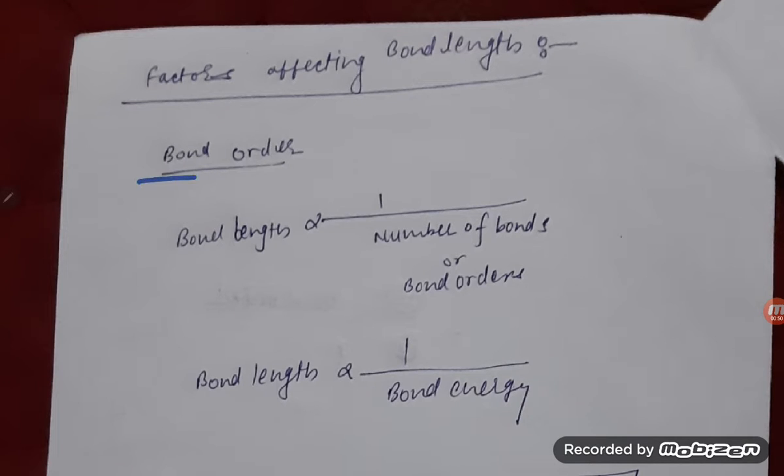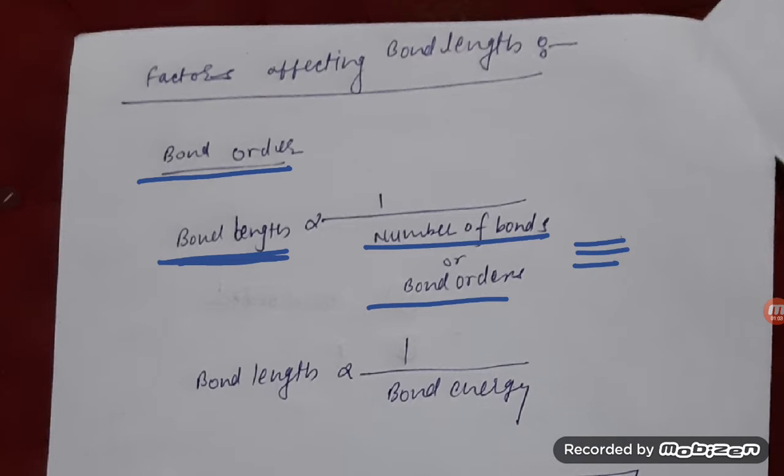The first factor is bond order. Bond length is inversely proportional to bond order. It means if the bond order is more, suppose 3, the bond length will be smaller. If the bond order is 2, the bond length will be a little more, and if the bond order is 1, the bond length will be very high.